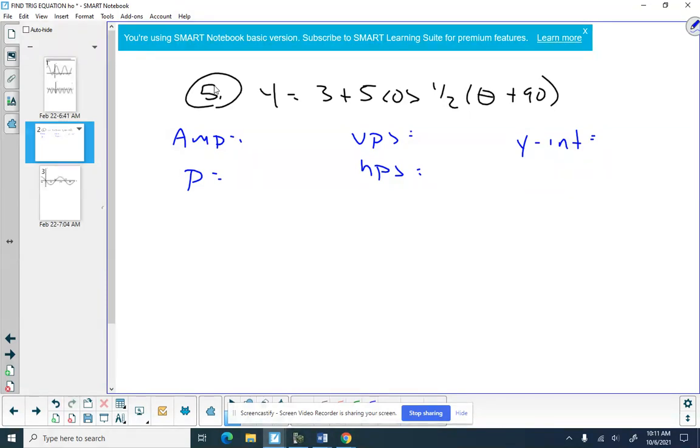Period, you're going to have to do one little clickety-clack in the calculator. Vertical phase shift and horizontal phase shift should be able to go by inspection, looking at the equation. For the y-intercept, you put in 0 for theta. So you have 3 plus 5 cosine 0.5 times 90. Close your parenthesis out.